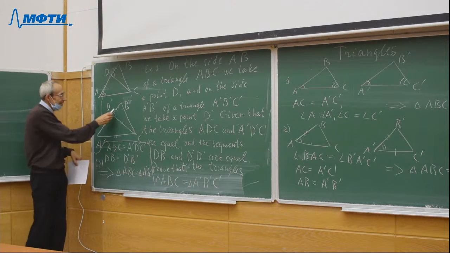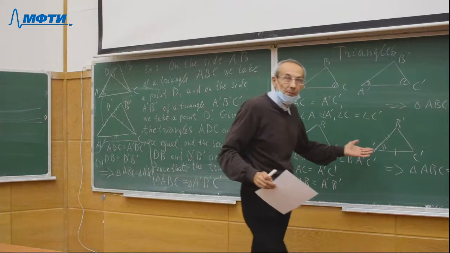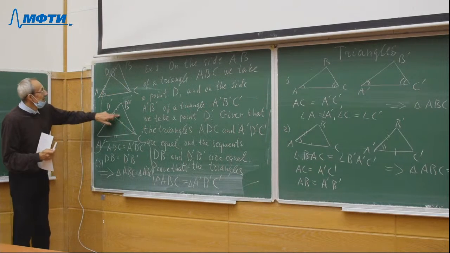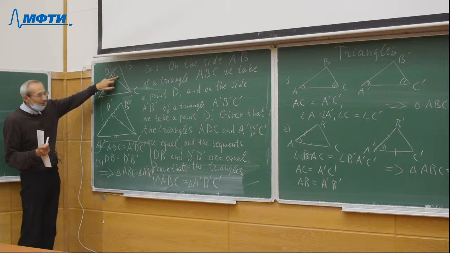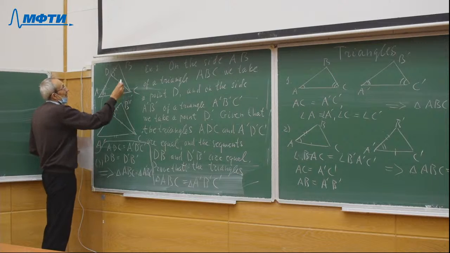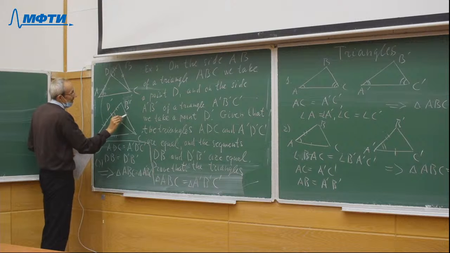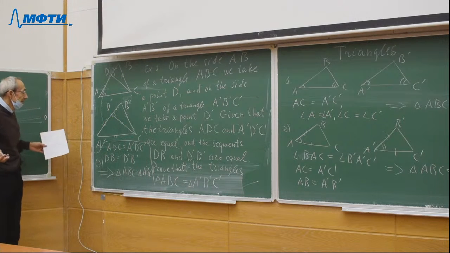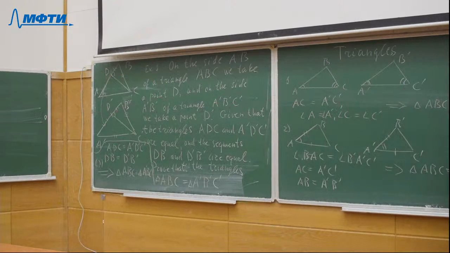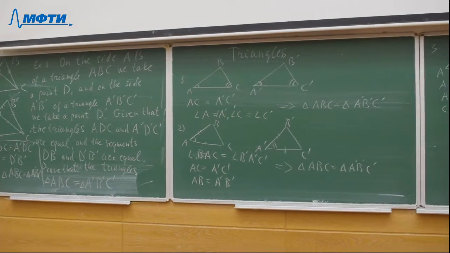And we can use property 2. These two triangles are equal, and then this side is equal to this side, and that's all. We use the third property and obtain the proof of this problem.